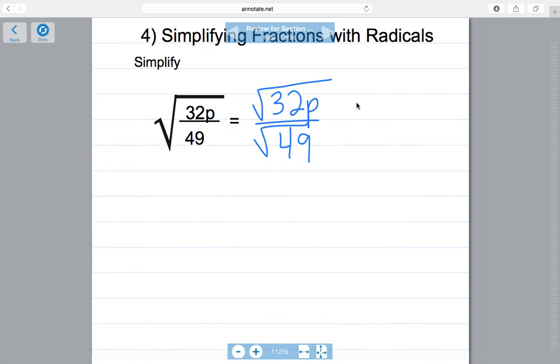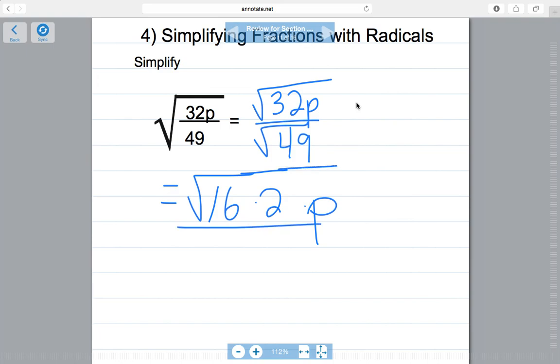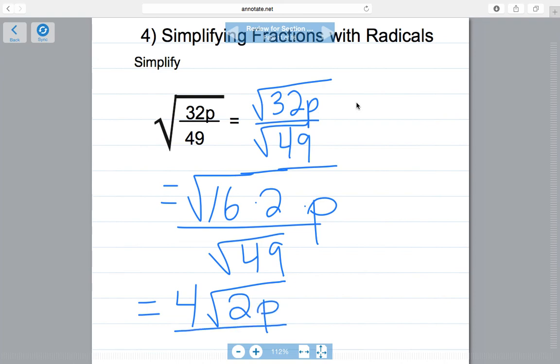So the square root of 32p can be rewritten as 16 times 2 times p all over the square root of 49. Well, the square root of 16 we know is 4, and 2 and the p we can't simplify anymore, so we leave it as 2p. Square root of 49 we know is 7, so there's our final answer. Now notice how the 4 and the 7 can't reduce, they don't have anything in common.